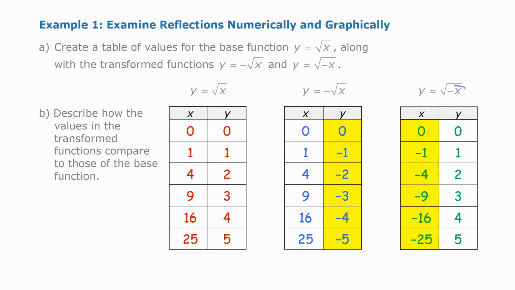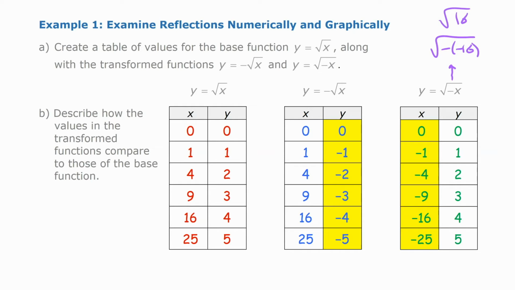If the first thing you're going to do is change the sign of the x value, you can't start with all these positive values, because when you put them in there, you'll have a negative, and you can't take the square root of a negative. But if you start with negative values here, say if you substitute negative 16 in here, you get square root of negative negative 16, which is just square root of 16, which is 4.